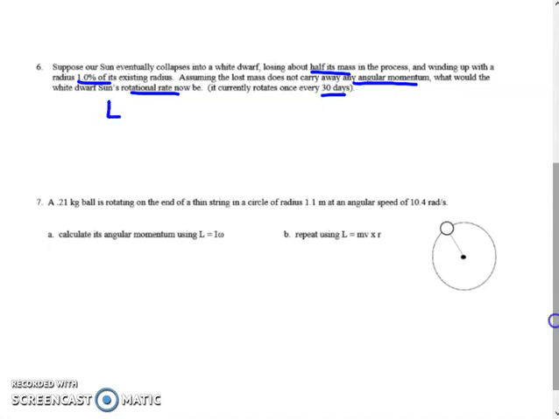So L prime equals L, and this becomes I omega prime equals I omega. So we've seen that quite a bit. So what information do we have? Well, first of all, I prime, the new moment of inertia, is going to be 1/2 m r squared.